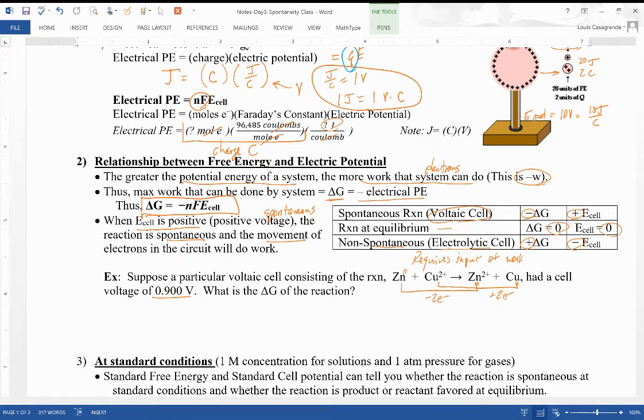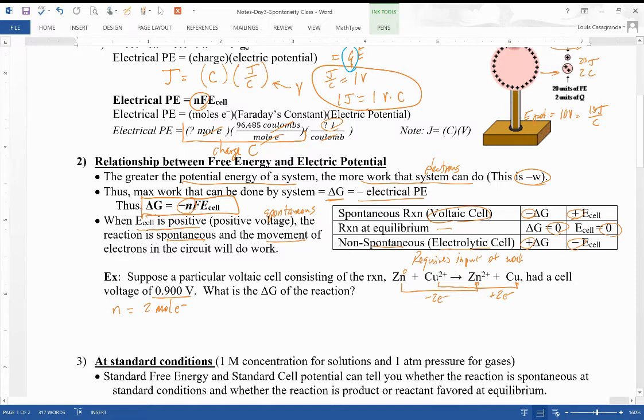Notice that in the delta G equation, we have the number of electrons that are being transferred in the reaction. And so this is telling us that the n for this reaction is 2 moles of electrons, because we're going to assume that there's 1 mole of the reaction occurring.